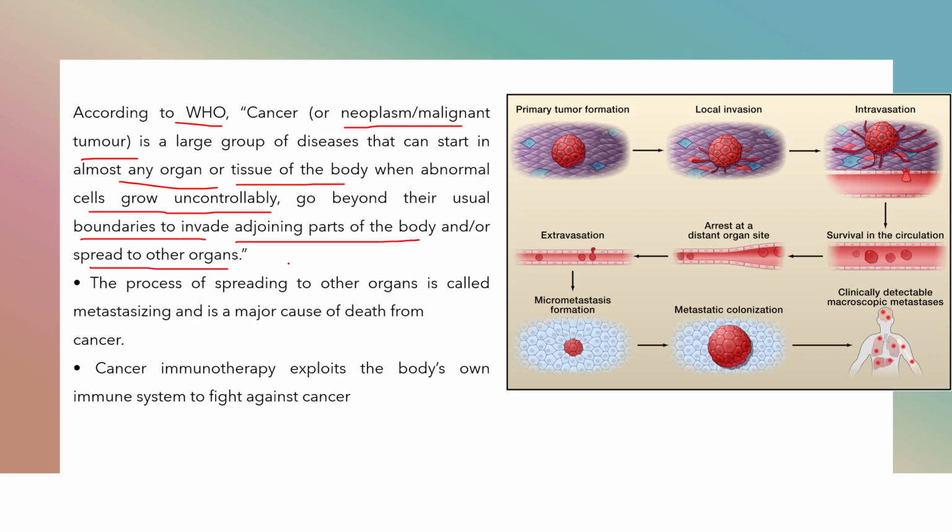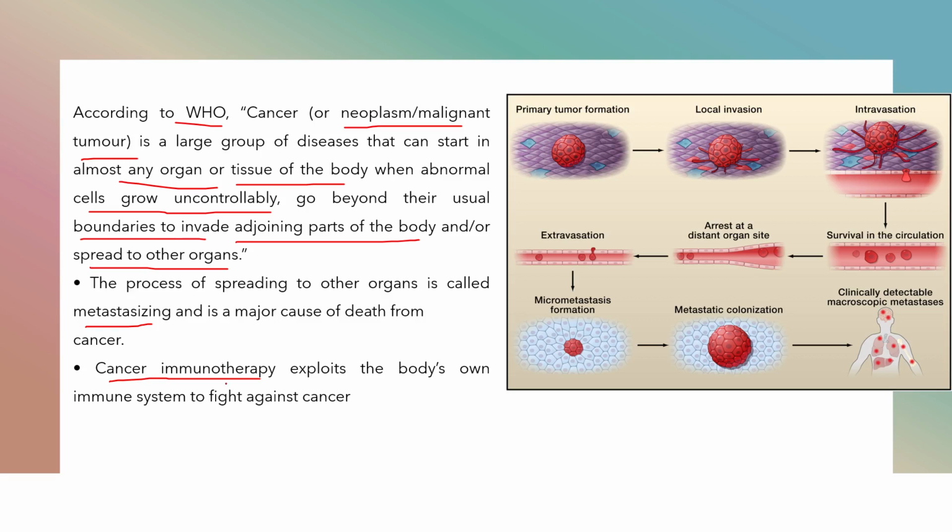So when we are talking about cancer, then we are talking about malignant tumors. Fine. And the process of spreading to other organs is called metastasizing and is a major cause of death from cancer. And cancer immunotherapy exploits the body's own immune system to fight against cancer. Okay, so today we are talking about immunotherapy, right? We'll move into it little by little.